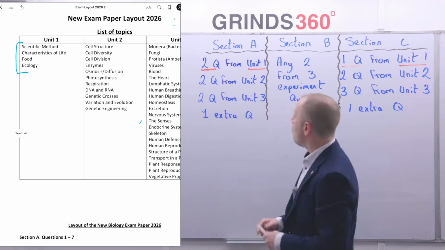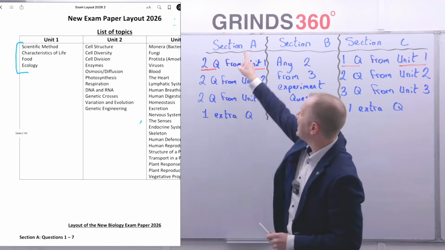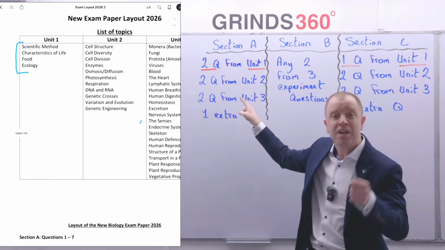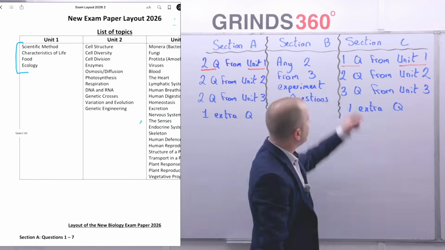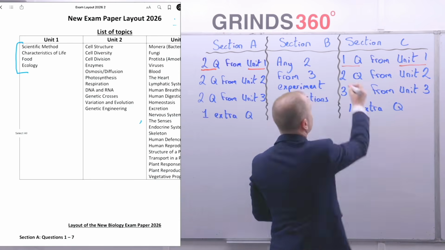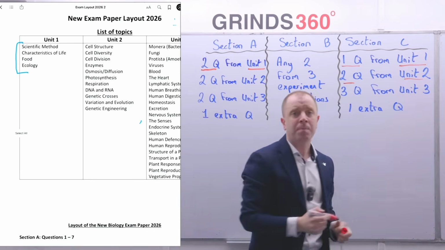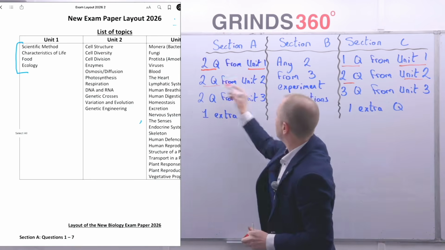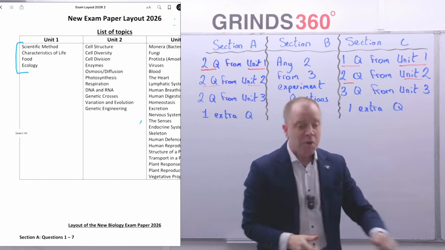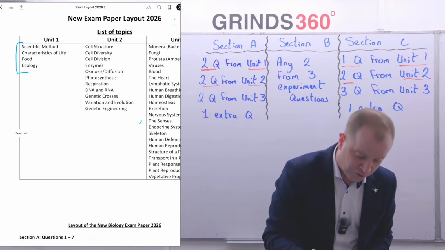Okay? Now, what about Unit 2? Well, in section A of your paper, you're going to get 2 short questions usually from Unit 2. And over here in section C of your paper, you're going to get 2 long questions usually from Unit 2 as well. You'll see there's Unit 2 there.